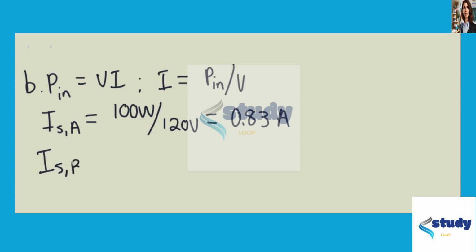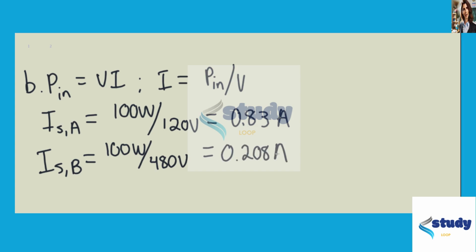Secondary current for case B is again 100 watts divided by 480 volts, and this is giving us 0.208 amperes. And the secondary current for case C is 100 watts divided by 240 volts.